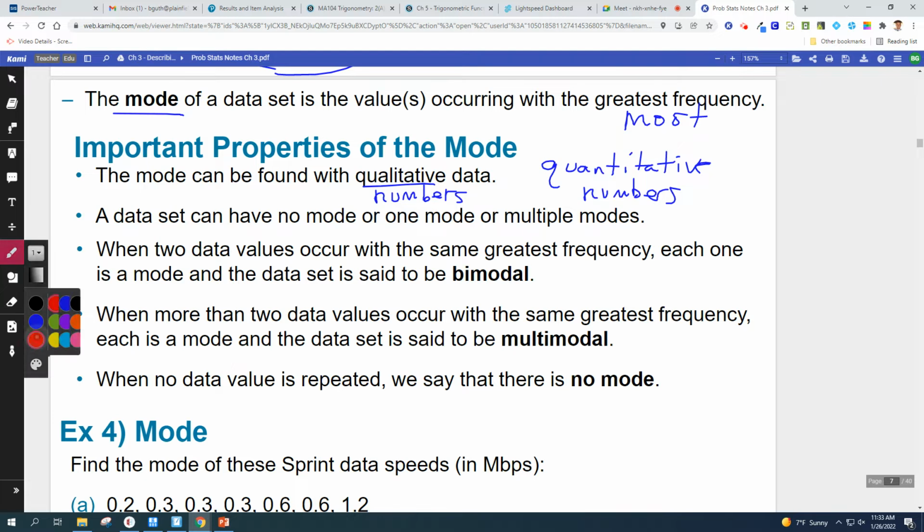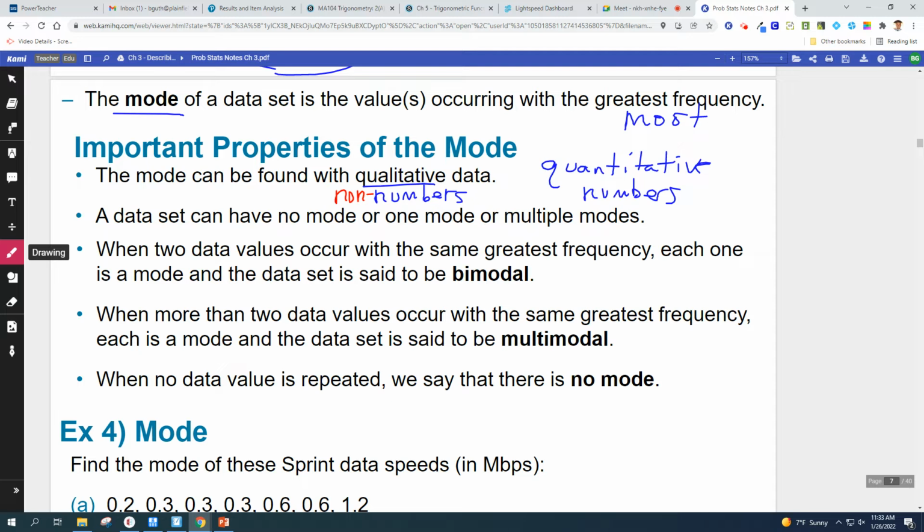So this is non-numbers, all right? Words, because all you have to do is just see which word, which category, which whatever it is happens the most frequently. And they don't have to be numbers in order to find the one that happens most often. So qualitative is talking about non-numbers.